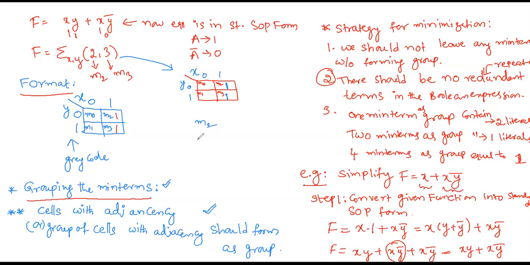In M2, the X value is 1, Y value is 0. In M3, X value is 1, Y value is 1. Now check the number of bits that differ. M2, M3: X is the same, Y is different.